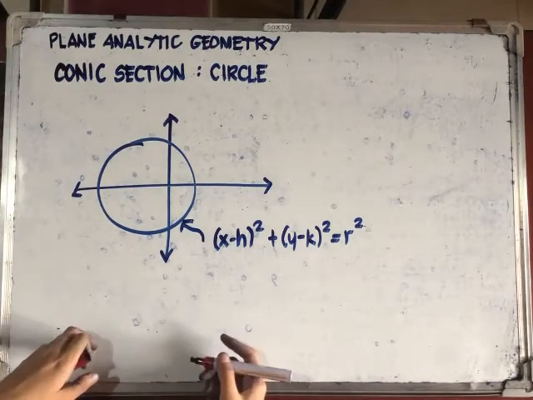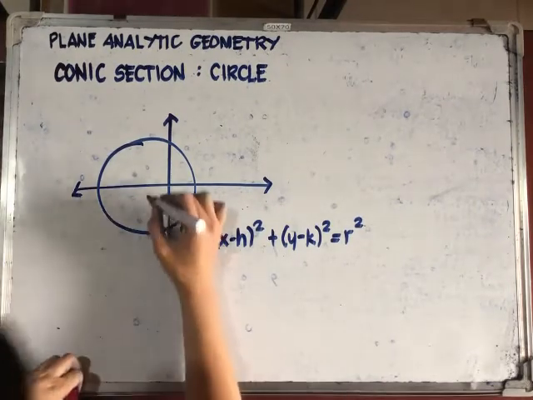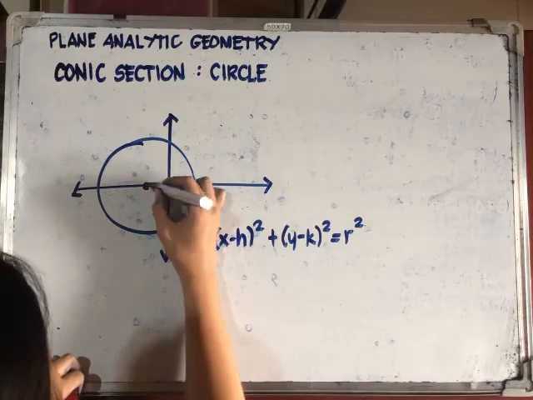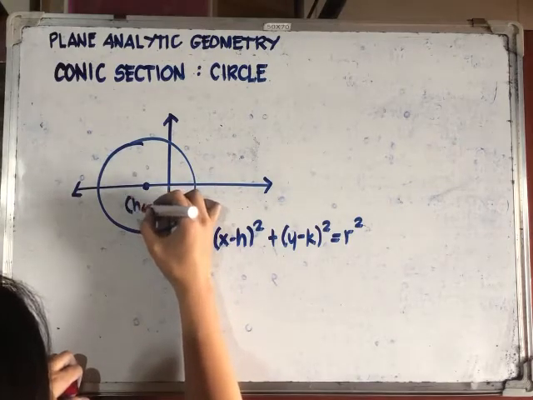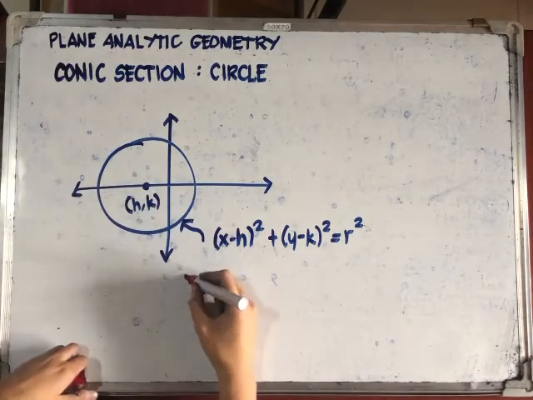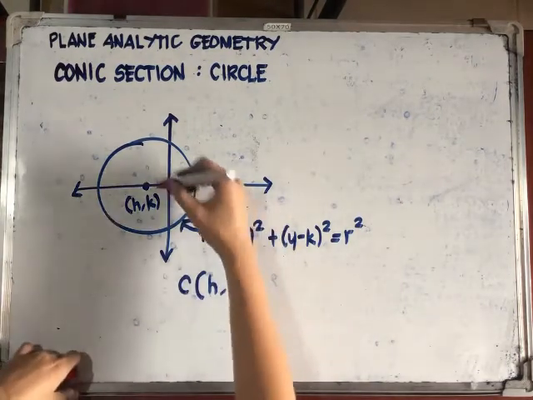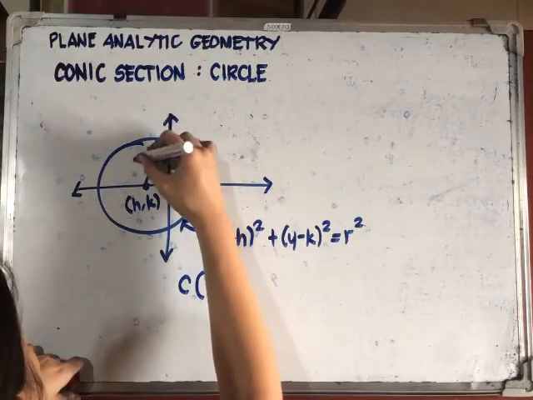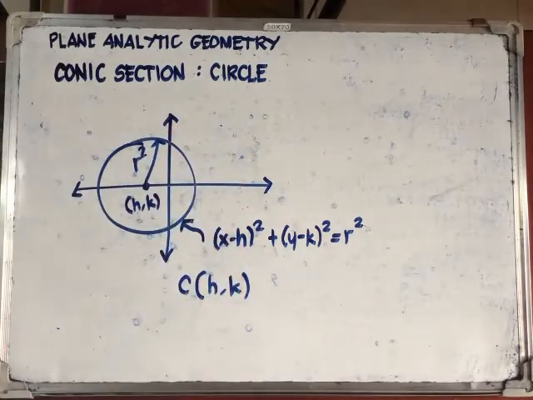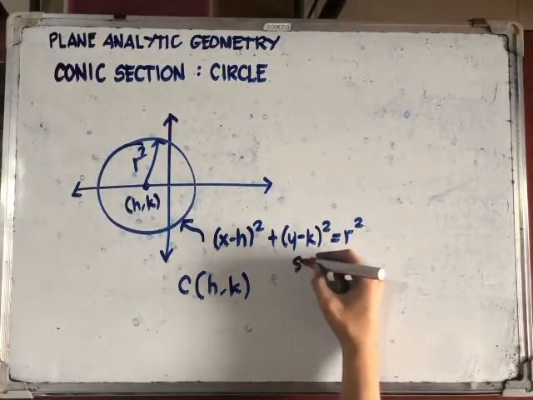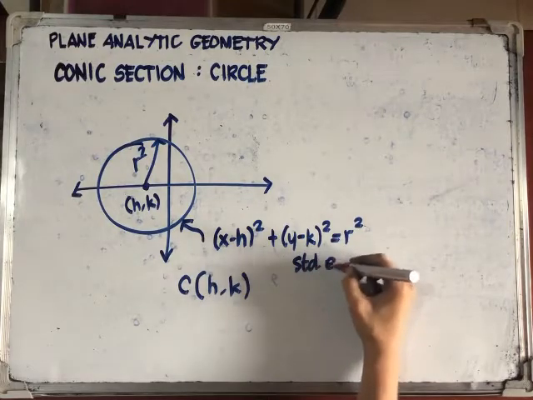So, ano ba tong mga variables na nakikita natin dyan? Ang (h, k) natin is the center of the circle. Okay? Center is at (h, k). And syempre, ang r natin is the radius of the circle. Right? This is the standard equation of our circle.